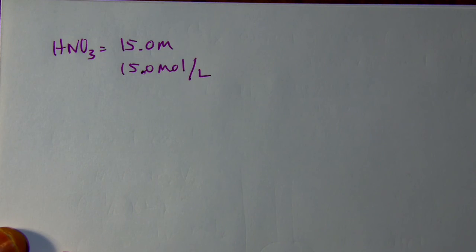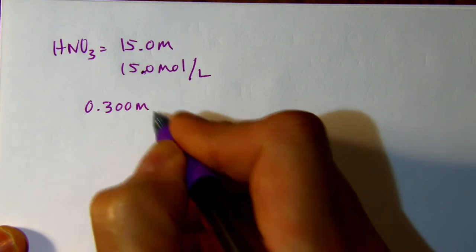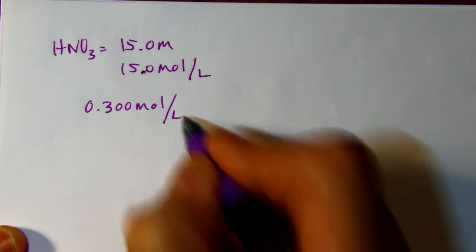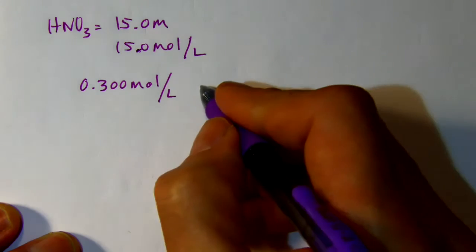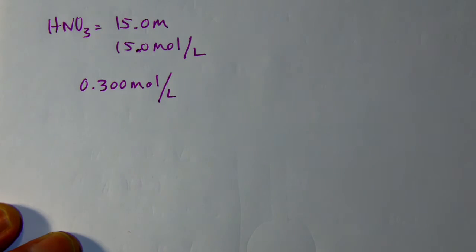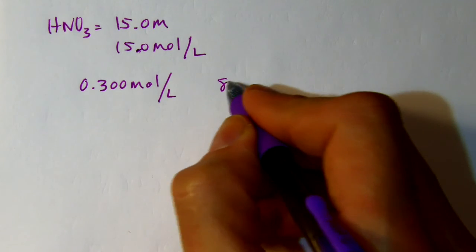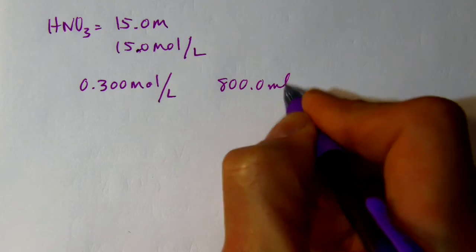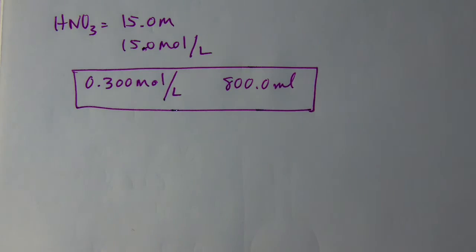All right, so we need to do a lab where we only need, let's say, 0.300 molar for you guys. Much safer. But because I'm dealing with an entire class, I'm going to say that I need 800 mLs. That's the problem, and this is definitely stuff you're going to use in college.